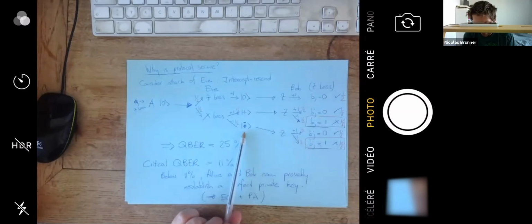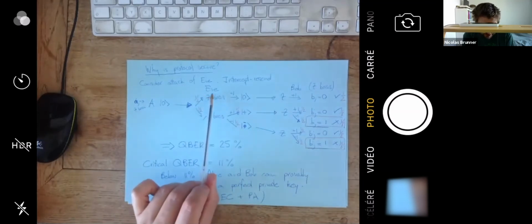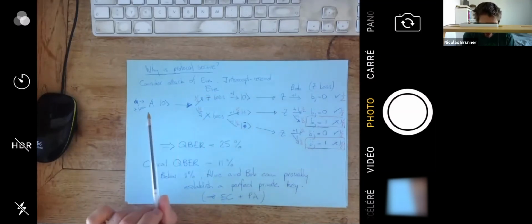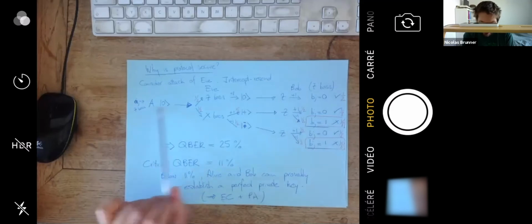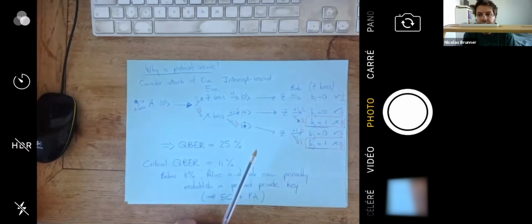Coming back to a discussion from before, an additional assumption is that Eve cannot control the classical channel where A and B communicate. She can listen to that channel and copy all the information that is said there, but she cannot change what Alice is saying to Bob, okay? That is important.